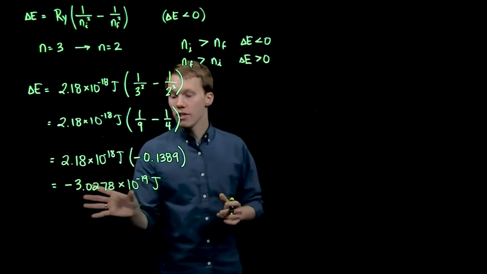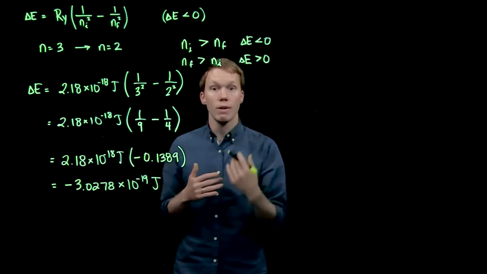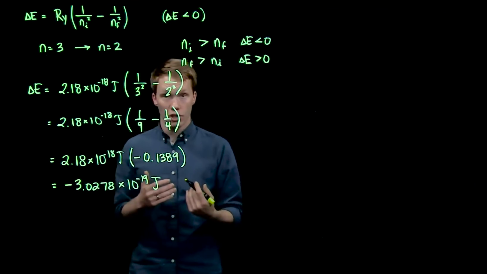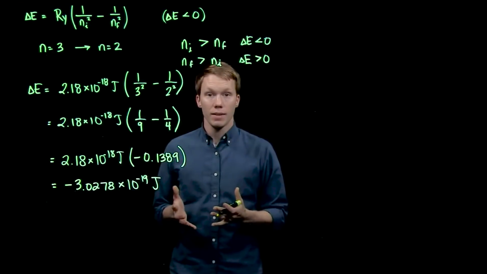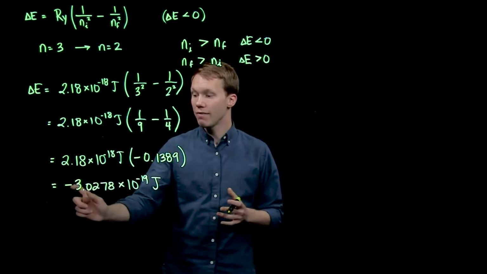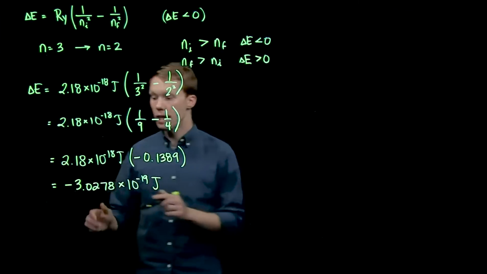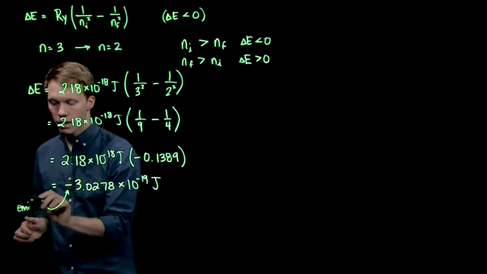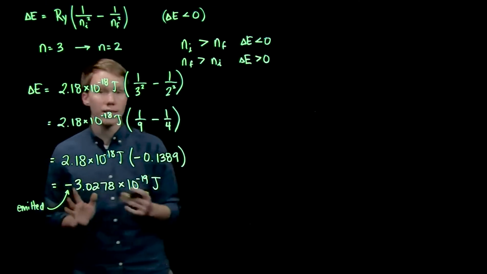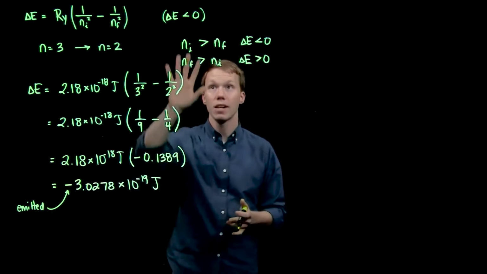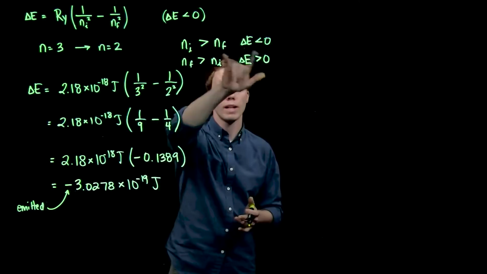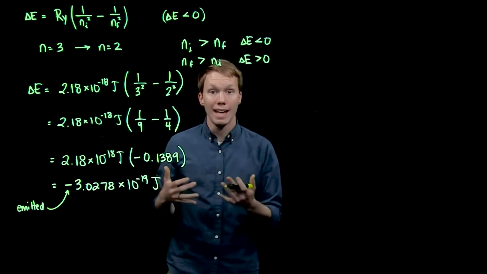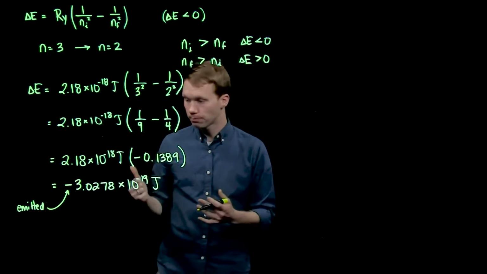So this would be the energy difference between the n equals 3 and n equals 2 transitions. Does this make sense? We are calculating a negative number here, and that tells me that the light energy is emitted, and that is really all the sign is used for. That does fit with our prediction and what we know about my n transitions.